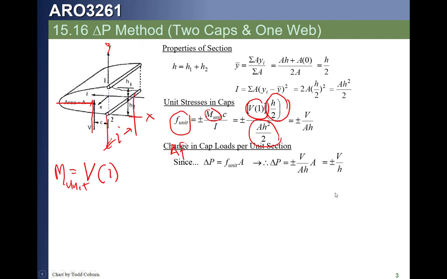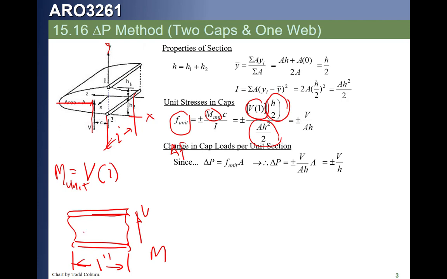Now we could have come to the same conclusion through statics alone, because if we look at a side view of this, we've got a cap here, and we've got a cap here, and we've got a web, which we're assuming carries no normal stress. If that shear is applied here at this end, and if this dimension is 1 inch, then the moment on the other end, this moment, is going to be V times 1.